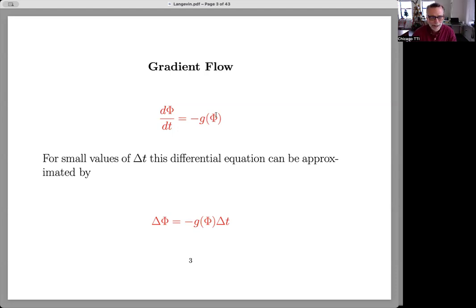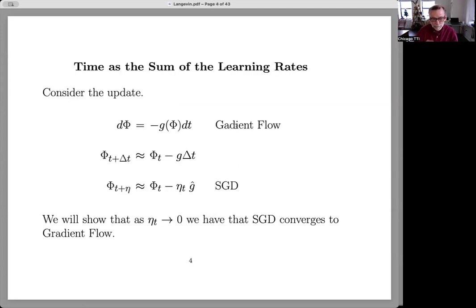I'm not sampling. This is the total loss, or the average loss over the population. Okay, so this is a differential equation. For small values of delta t, I can numerically integrate this differential equation by taking the change in the parameter space to be minus the gradient, that's the gradient direction, times the change in time. We'll take little steps in parameter space. This is simply the numerical integration of this differential equation.